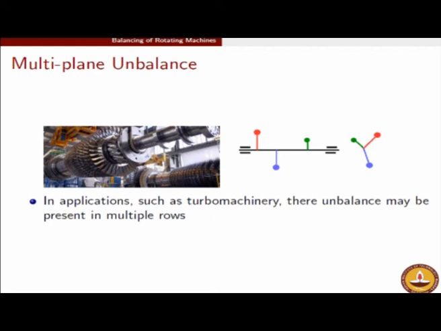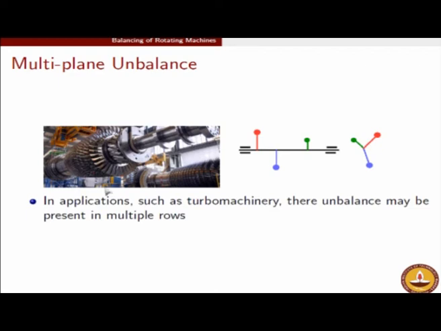At such high speeds, even a small eccentricity, and the mass also this time is pretty large, in each of these turbine rows could cause a large centrifugal force, which could be detrimental and could lead to failure of these turbo machinery applications.